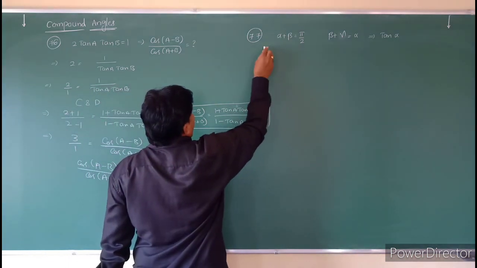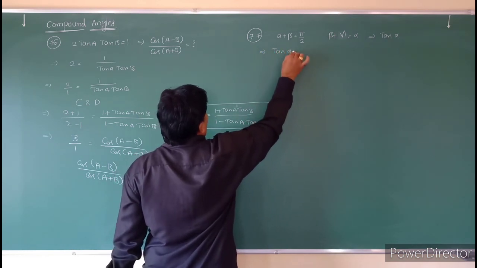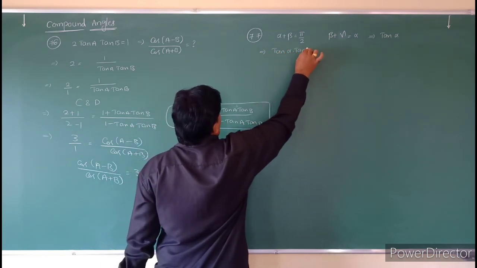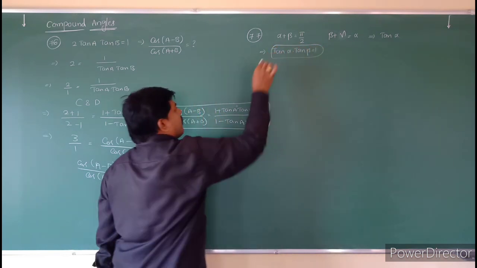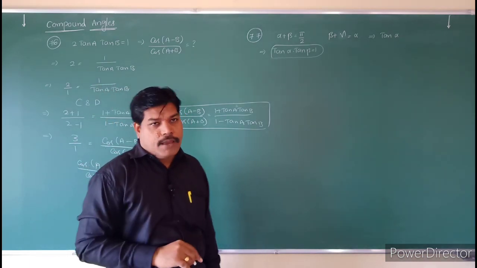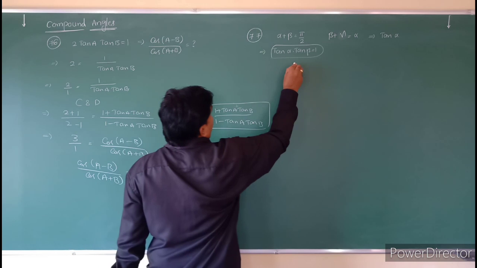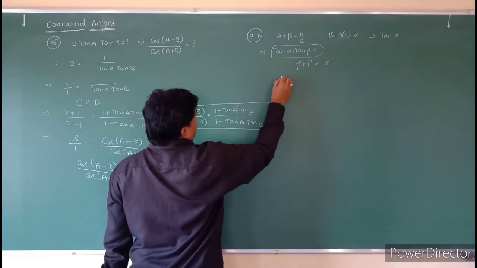If alpha plus beta is pi by 2, I already know the condition: tan alpha into tan beta is equal to 1. If alpha plus beta is pi by 2, tan alpha into tan beta is 1. Okay. So here beta plus gamma is equal to alpha. Just apply the tan.